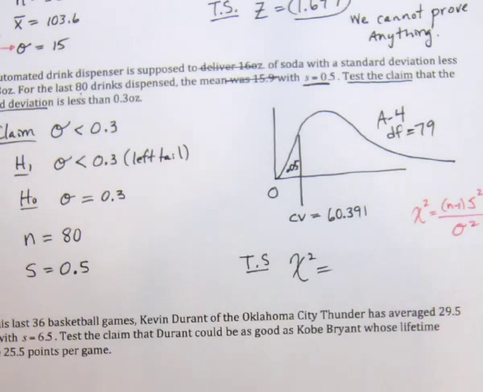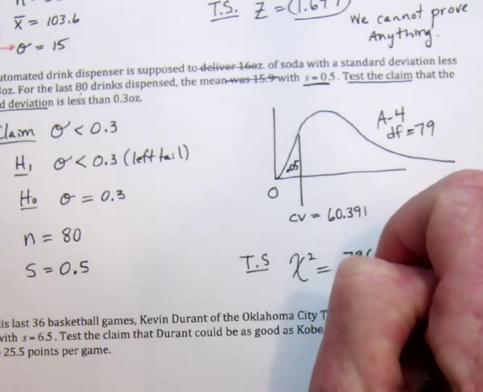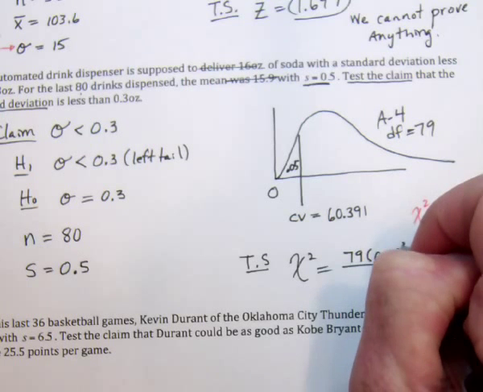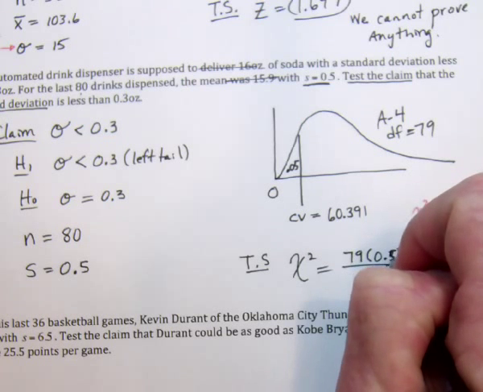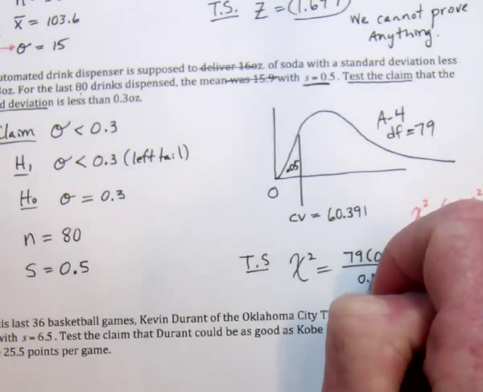So in this one, it's going to be degrees of freedom, which is 79, times the s. 0.3 squared. Oh, sorry, I looked at the wrong one. 0.5 squared for the s, and then the sigma 0.3 squared.